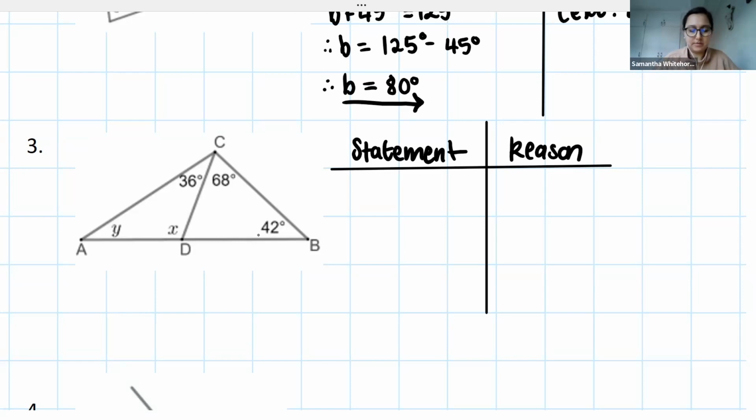Okay, so guys, be mindful of what triangles you have there and how they are potentially useful to you. And think of all of the reasons that we've learned.